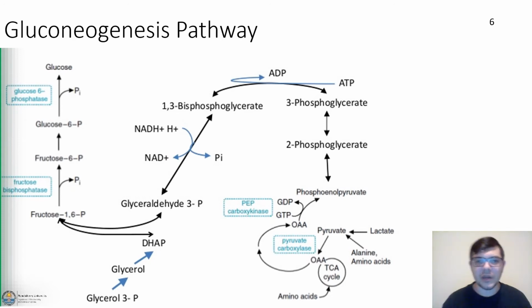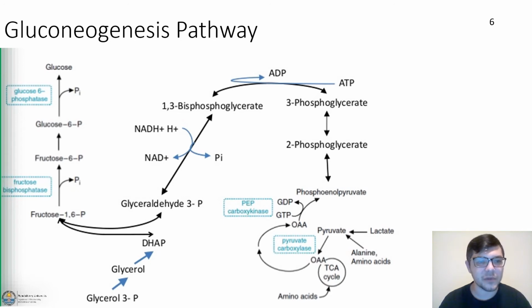So the other reactions here are mainly the same. They're just reverse direction reactions of what we had for the glycolysis until you get to the end of this process, which is going to be on the left side of the picture. And this is where you have your fructose 1,6-bisphosphate.